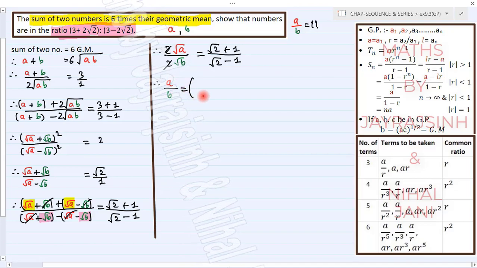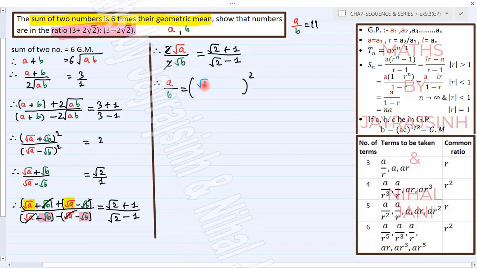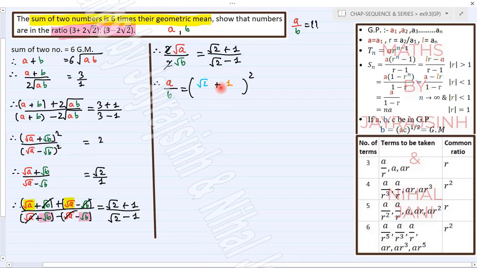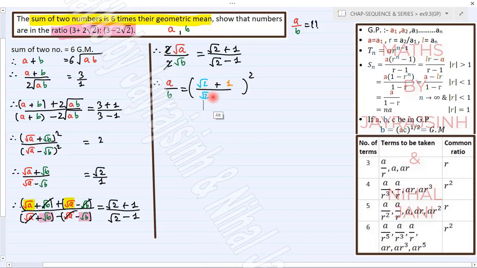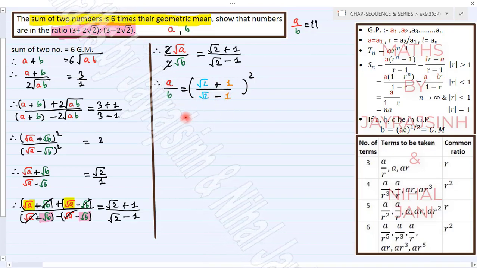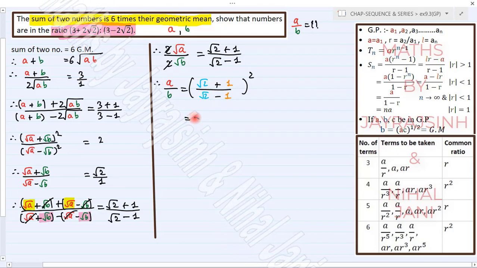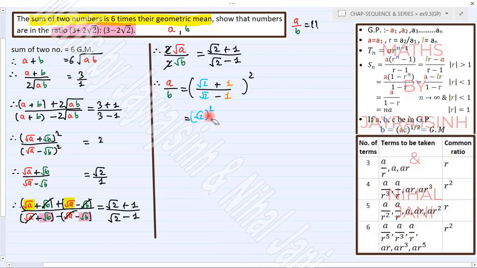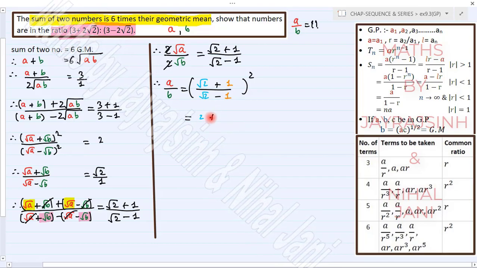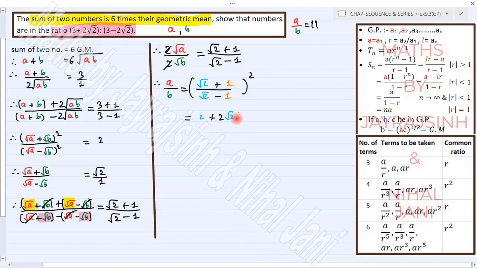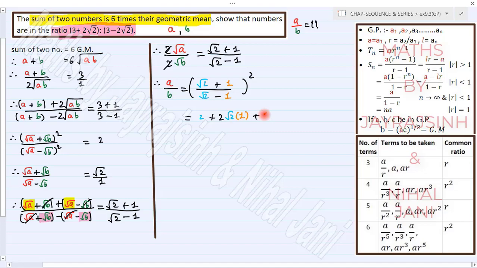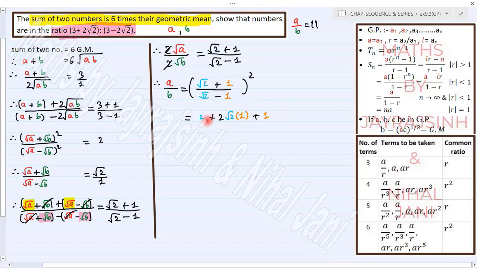So we'll get the whole square of root 2 plus 1 upon root 2 minus 1. Now let's simplify. Root 2 square, which is nothing but 2, plus 2 times root 2 into 1 plus 1 square, which is 1.